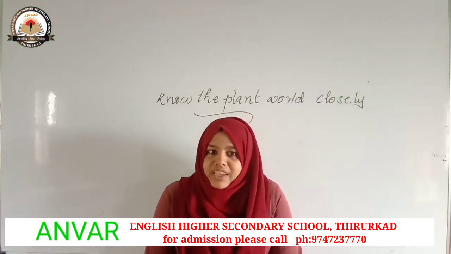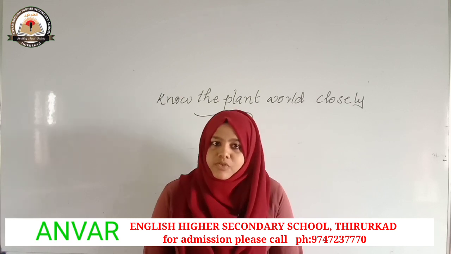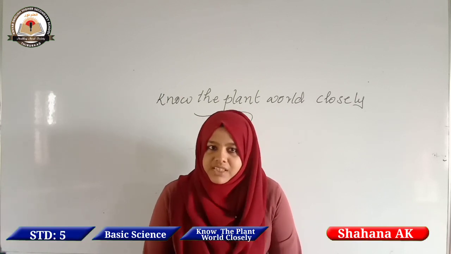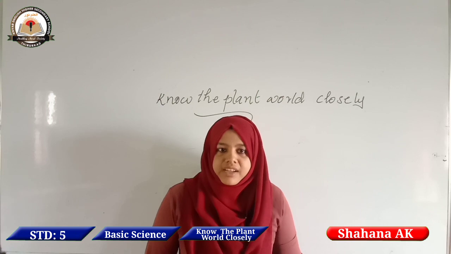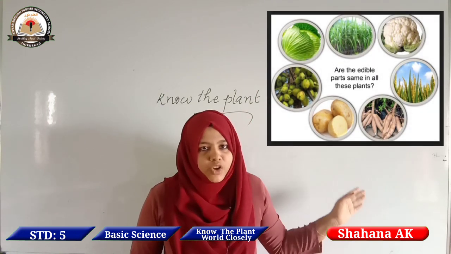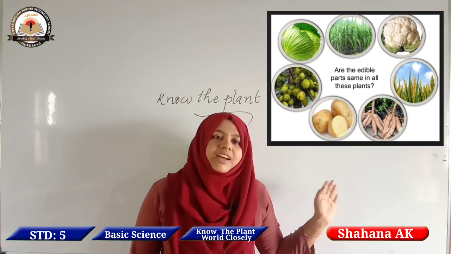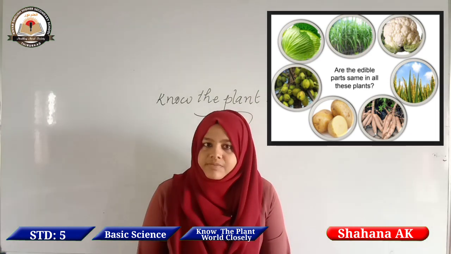Now we can understand that we are having different parts of plants as food materials, isn't it? So are all these parts the same in every plant? Look at this picture. Here you can observe we are having different parts of plants in different plants.